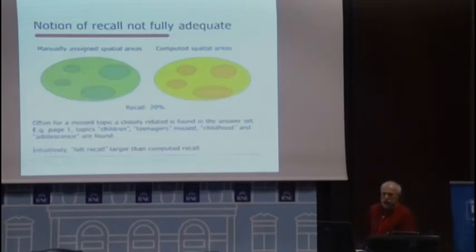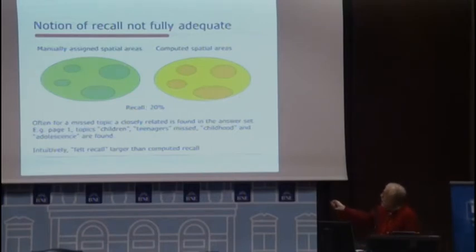You might have the feeling that this recall is low, but look at this example and you will see that the notion of recall we used here is not really fully adequate. Assume that you have assigned spatial areas on a map, and what an expert does is he finds 5 areas, a big one and 4 important sub-areas which he marks on the map.